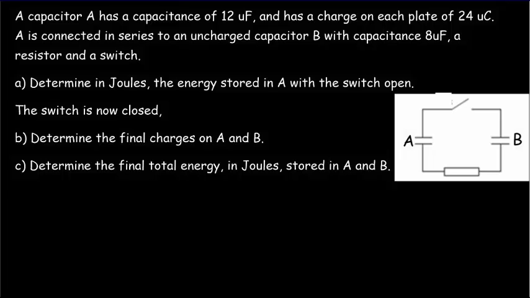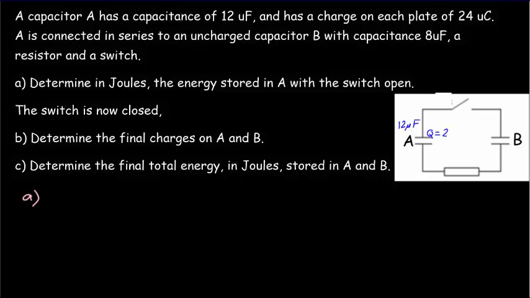Okay, we have a question on the energy stored in a capacitor. Pause the video, try the question, come back for the answer. So in part A, we know that capacitor A is 12 microfarads. And we also know the charge on that capacitor.